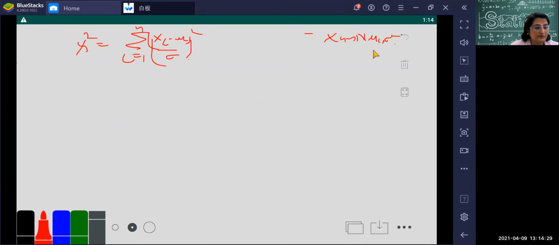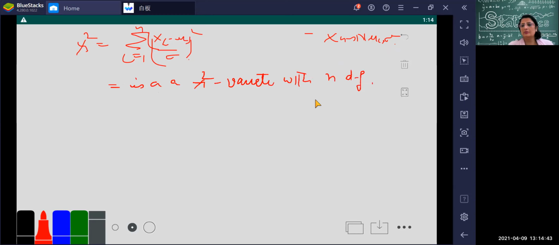They have different means and different standard deviations, different variances. So this is a chi-square variate with n degrees of freedom. This is all about the definition of a chi-square variate.